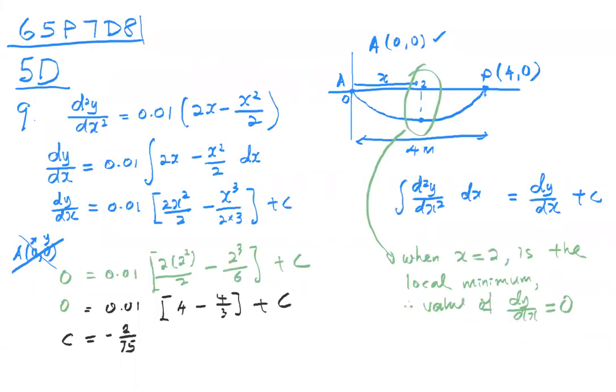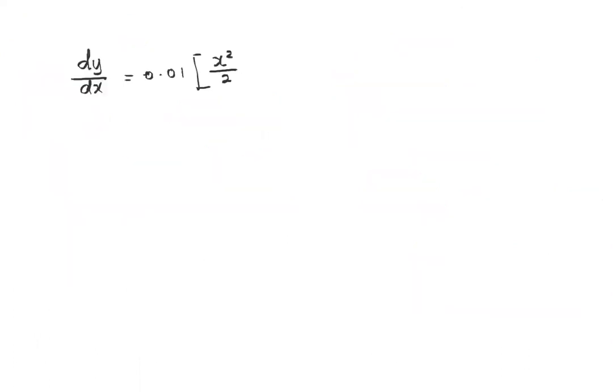The x squared cancels. x squared minus x cubed over 6, take away 2 over 75. Okay? Got it? So now I integrate this.